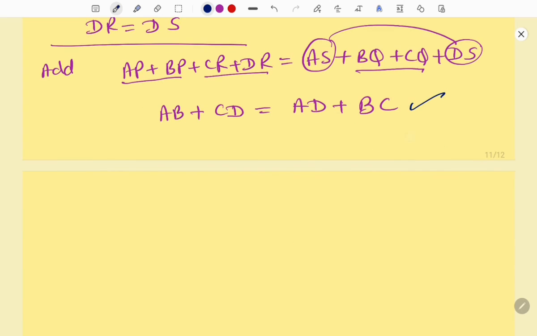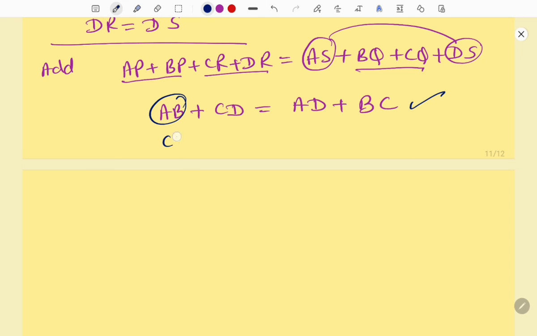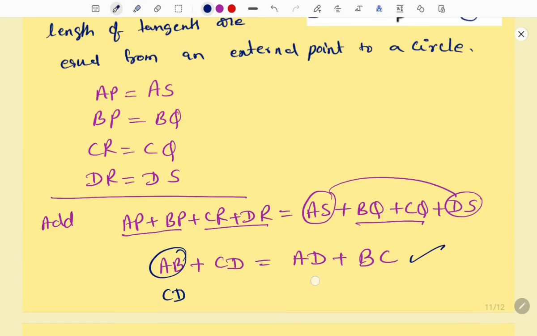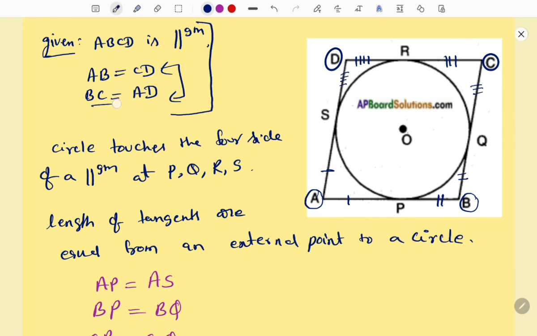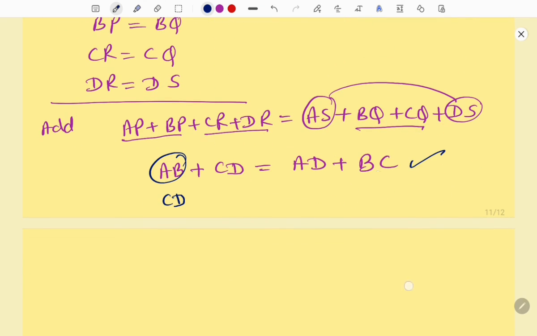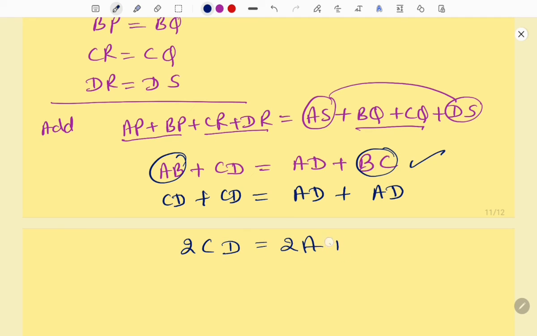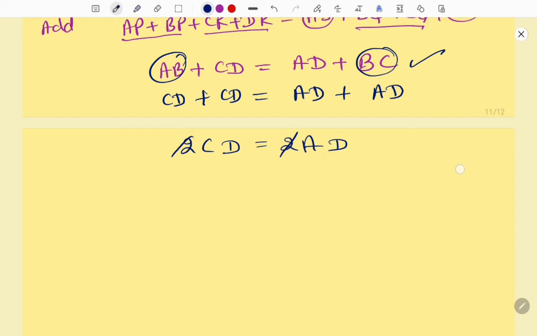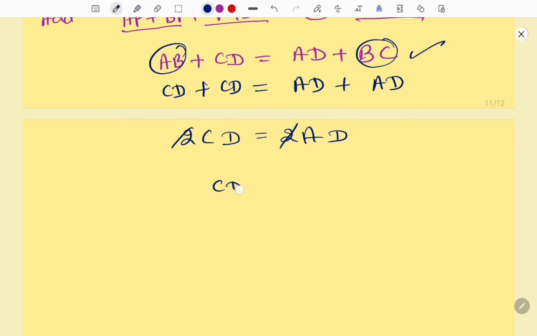AB is CD, and BC is AD. So CD plus CD is equal to AD plus AD. What we get? 2CD is equal to 2AD. 2 gets cancelled. Now CD is equal to AD.